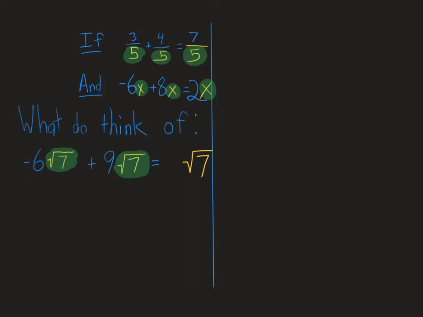So whatever that is, negative 6 times that, and then 9 times that, as long as they're like, we can put together the negative 6 and the 9 and say, oh, we're going to have a total of 3 of that number, whatever that number is, 2 point blah, blah, blah. And so we can treat it just like a like term. As long as they're like, you're able to add or subtract them. They have to be like.